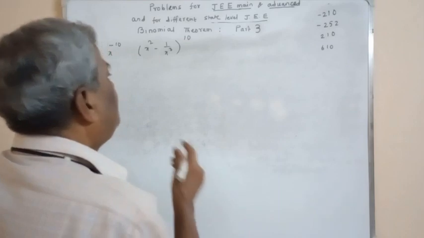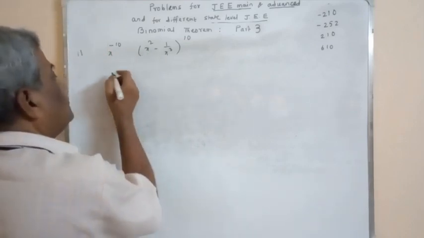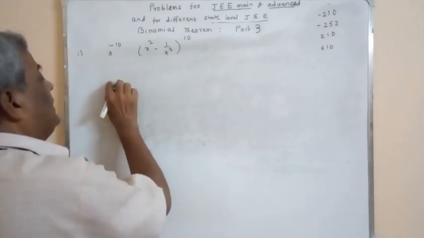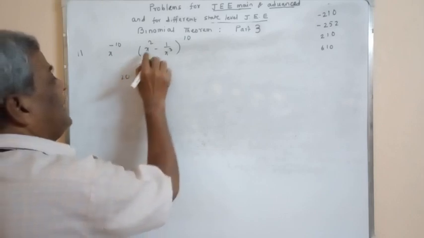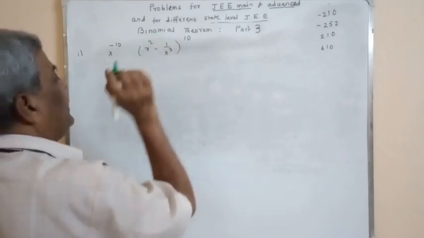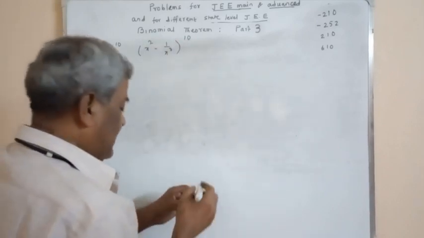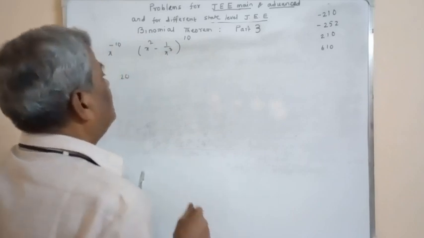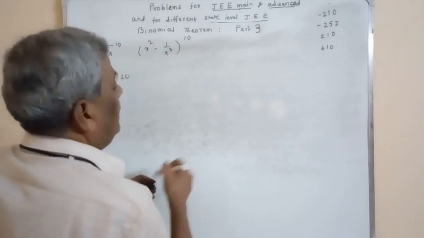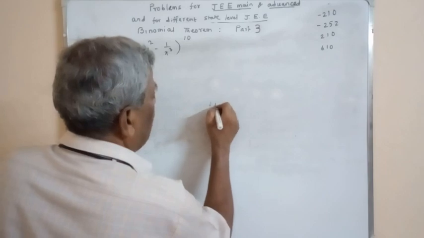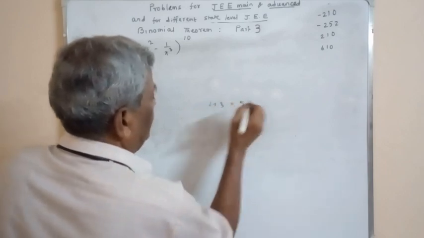Like before, the first term contains x squared to the power 10, so x to the power 20. After that, in each successive term, the power of x decreases by 2 plus 3, that is 5.